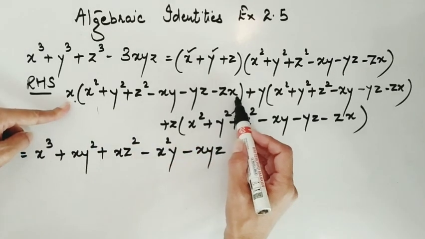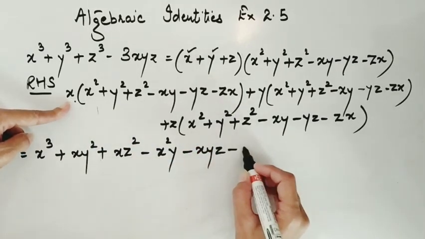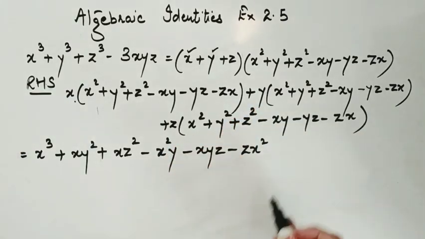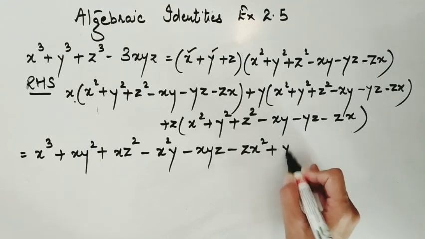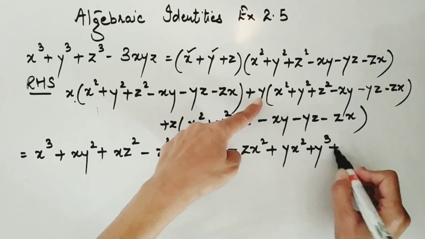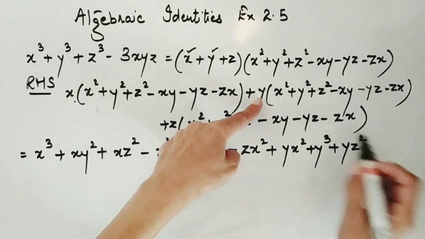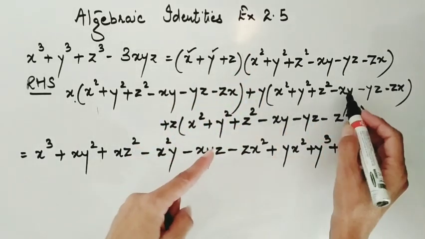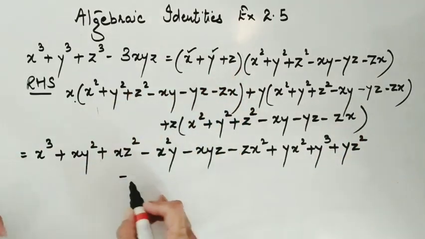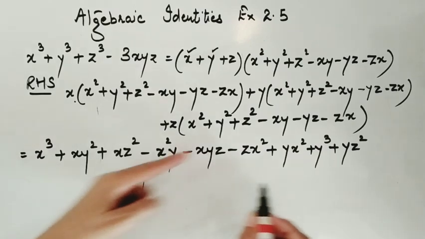X into zx with negative, minus zx square. First is over. Move on to the next. Added to y, x square plus y cube plus yz square. Okay, 3 are done. Minus y into xy would be xy square.